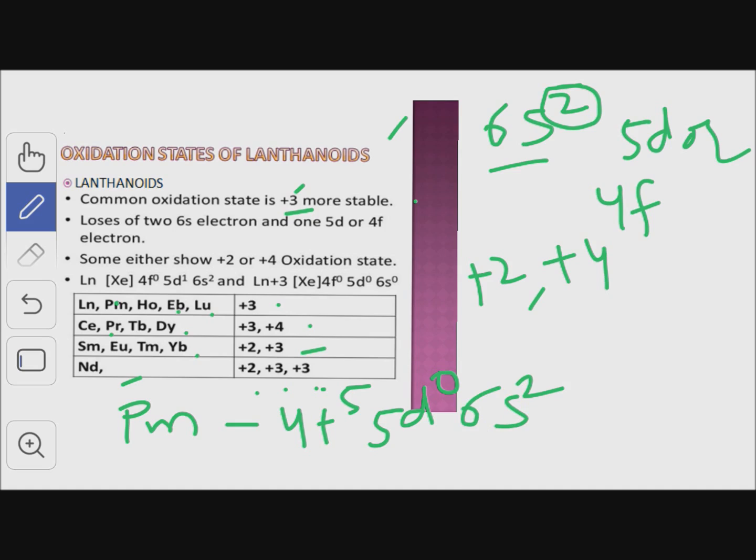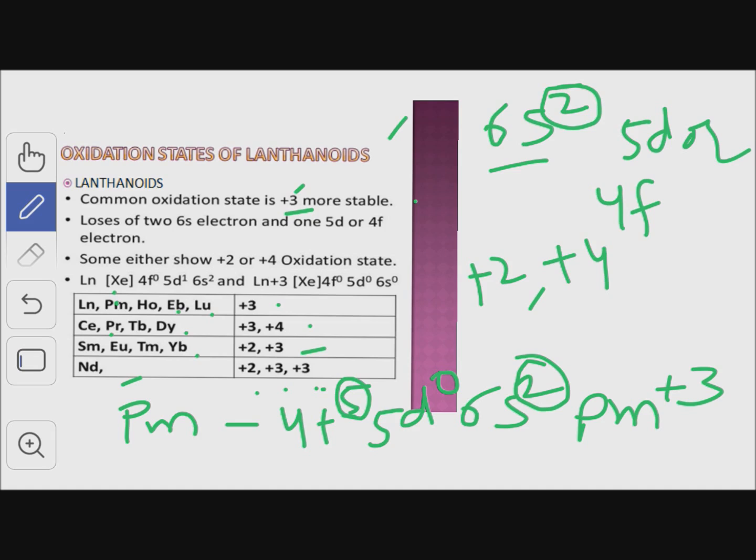In promethium, it loses 2 electrons from the 6s orbital and 1 electron from the 4f orbital and acquires an oxidation state of +3, which is a stable and more common oxidation state of lanthanoids.